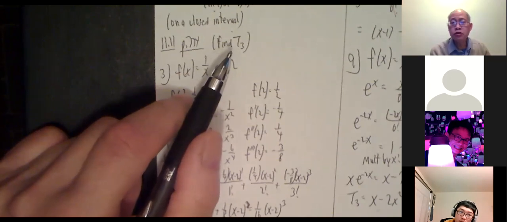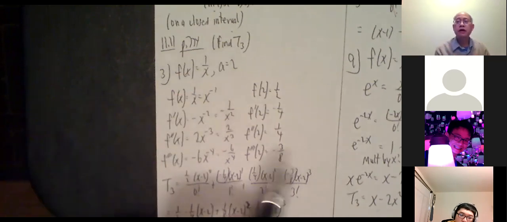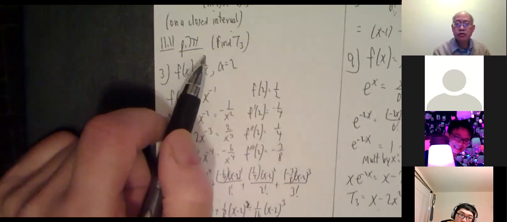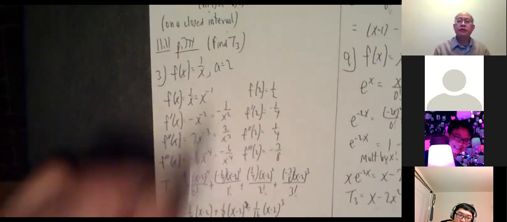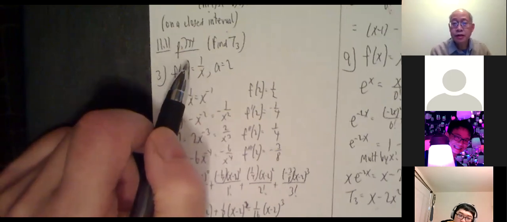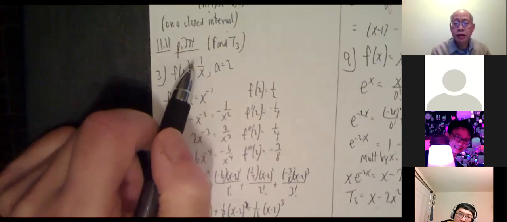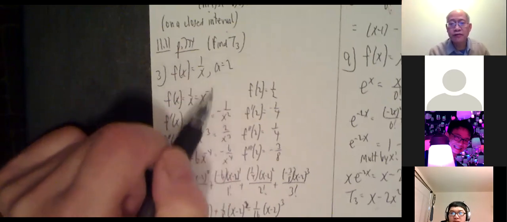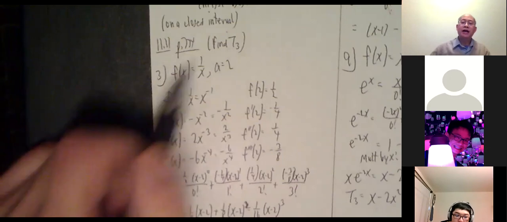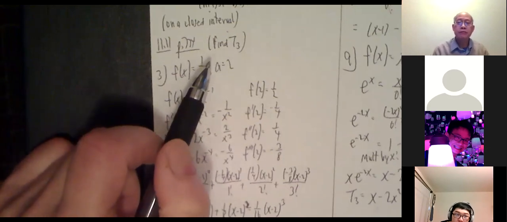Third degree means there are 4 terms. There's a constant, that's 1 term, and then the x term, and then the x squared, and then x cubed. And if you stop and think about it, that's exactly what we were doing in 11.10, except in 11.10 we put dot, dot, dot. Now you do the same stuff, put 4 terms, you don't put the dot, dot, dot. We're actually coming up with a third degree polynomial.